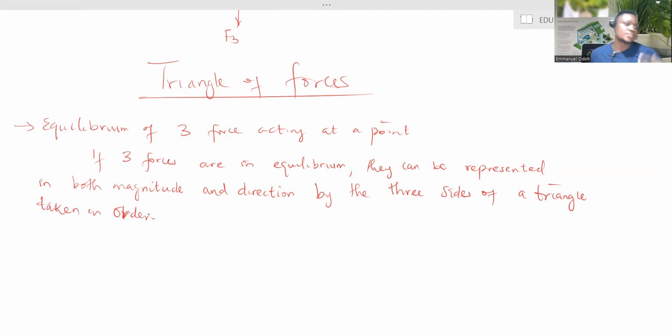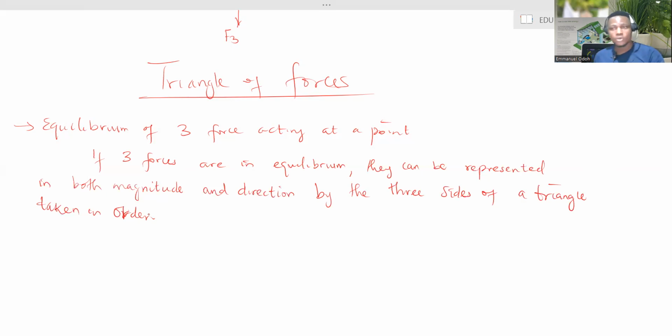I've noticed over the years that students struggle to apply the triangle of forces in solving problems that relate to equilibrium of three concurrent forces. This arises from a lack of understanding of what the statement of the triangle of forces is, and I will explain this in very simple terms.